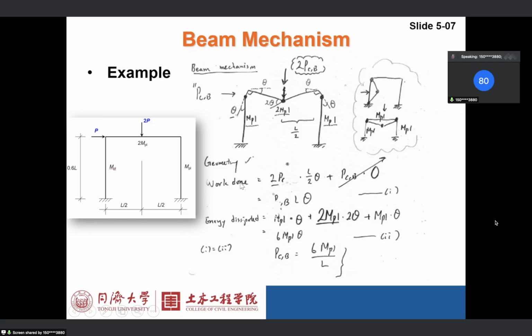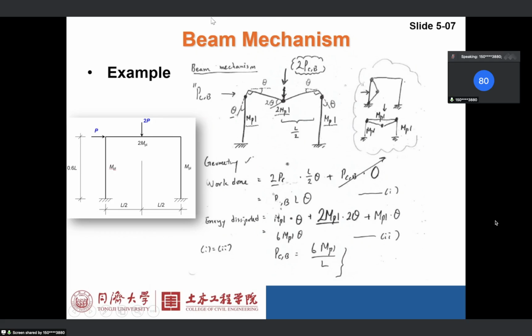Okay, let's look at the equation. The work done first is 2 PC, so there's something missing here anyway, times this distance, which is L over 2 times delta. This is delta, right? Plus PC times what?